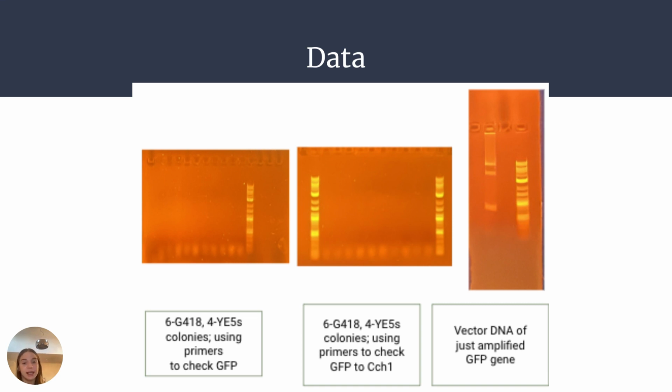Just in case another error had occurred, I amplified just the GFP in the vector DNA to check for that. I used different primers to search for different locations of the recombinant DNA sequence. This one checked for just the GFP, and the other one checked how the GFP connects to the CCH1, and unfortunately both of them were not there.